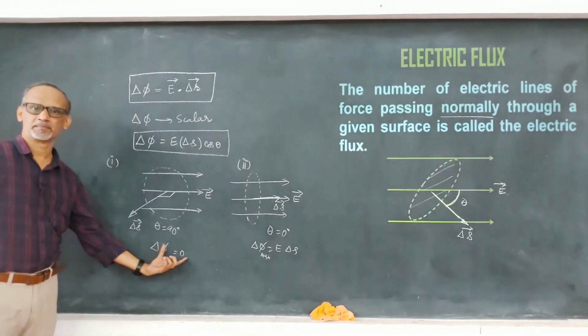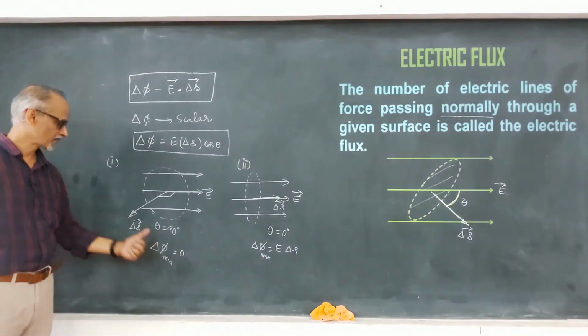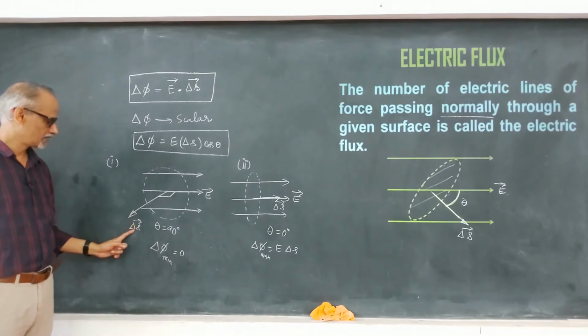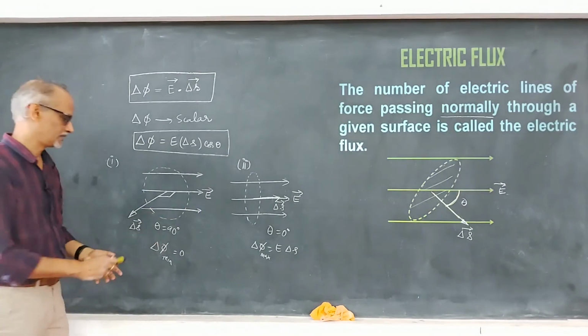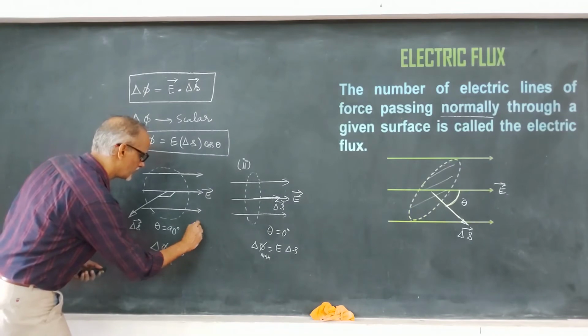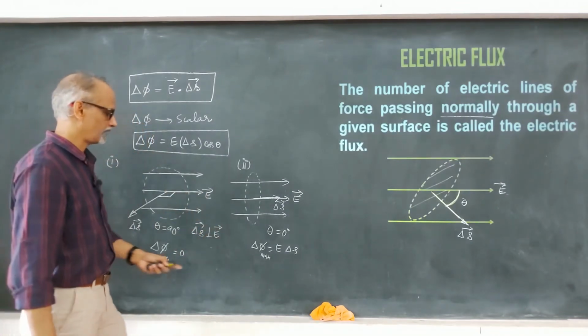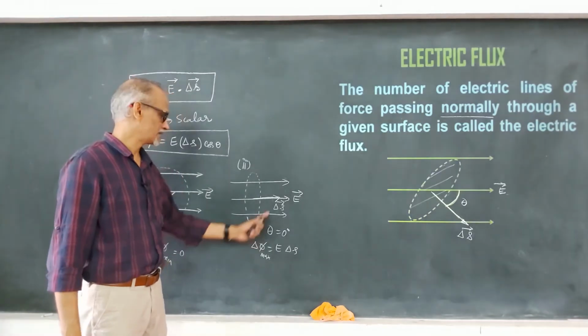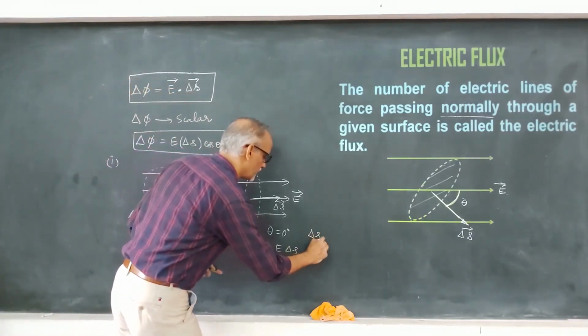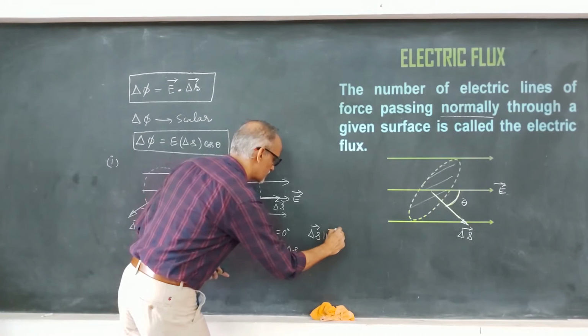Flux is minimum when the area vector is perpendicular to the electric field. When is flux maximum? Flux is maximum when the area vector is parallel to the electric field.